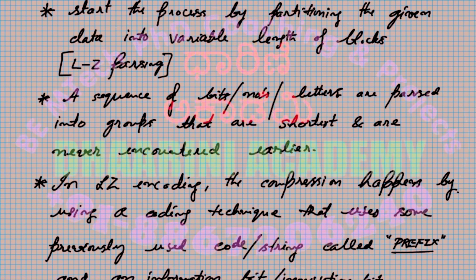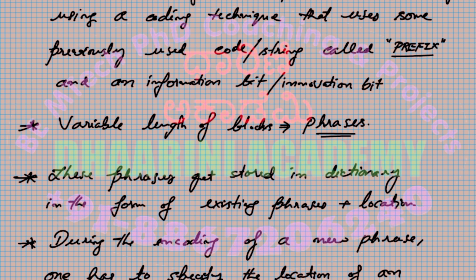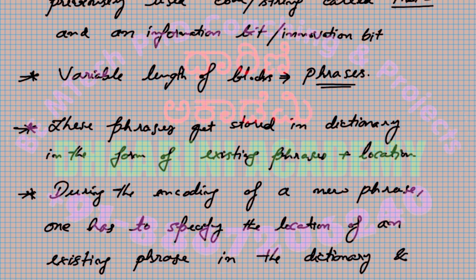Once you split that, you make a dictionary where you keep this data and keep track of position by some numbering. Like when you store data in memory, most of the time we give an address and the data. At this location you have this data, at the next location the next data. I create an address plus the data. That's what we call a dictionary. So that's the second step.